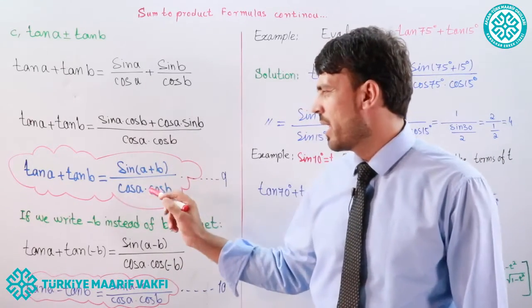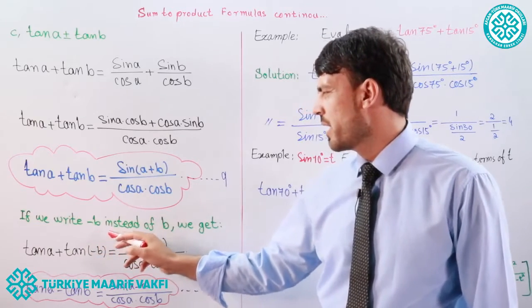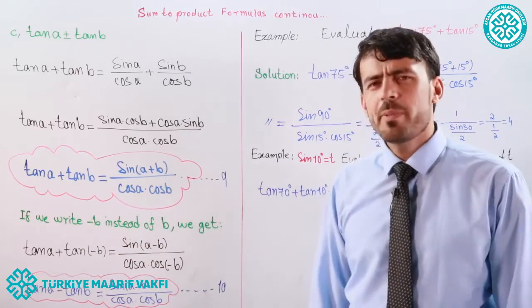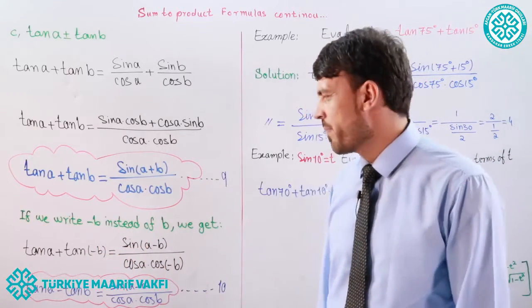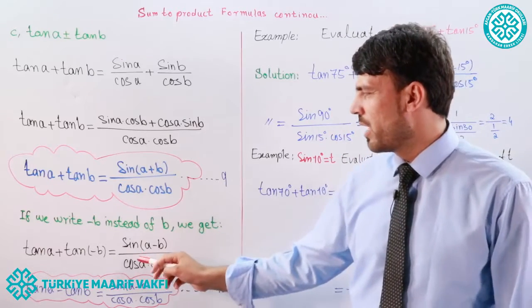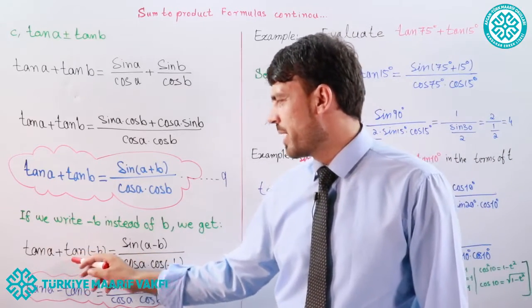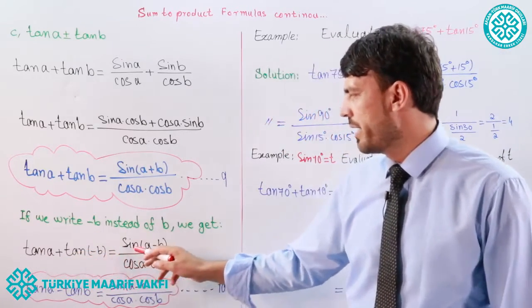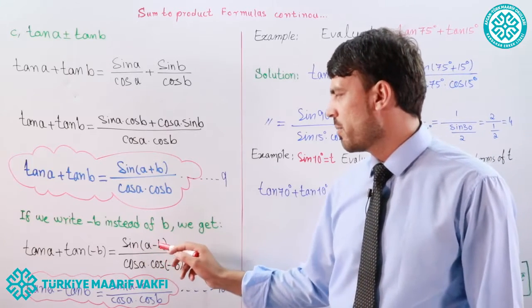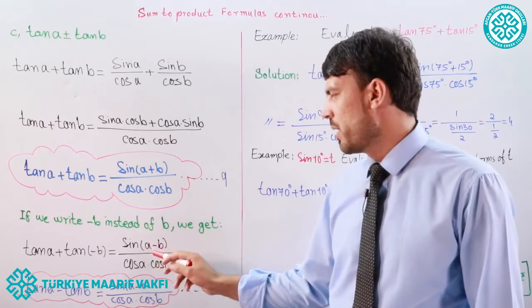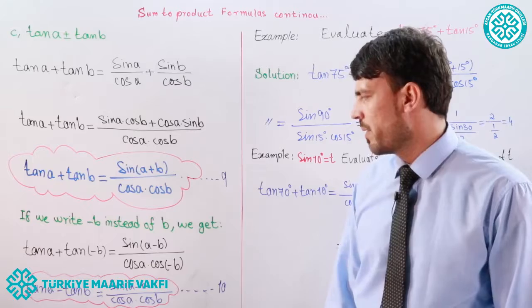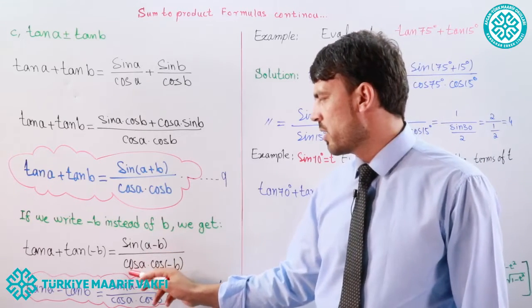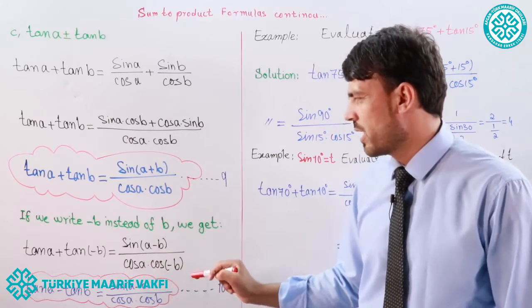If we write minus B instead of B, what will be the form of the formula? The form of the formula will be like this: tangent A plus tangent minus B. Here in sine, if we put minus B instead of B, we will have A minus B. Also in the denominator, cosine A multiplied by cosine B.